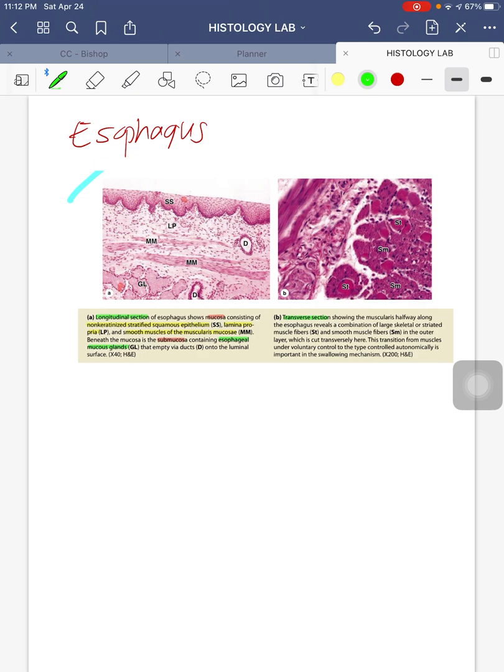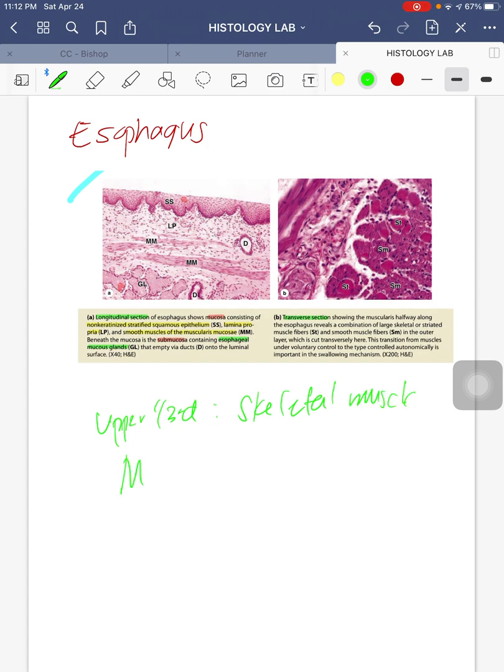So the first specimen is the esophagus. According to the book, we have to take note of the tunics and coats. The esophagus is generally 25 centimeters long. Histologically it is subdivided into three parts: the upper, middle, and lower. The upper 1/3 of the esophagus is purely skeletal muscle, which I'll show you in the next slide.